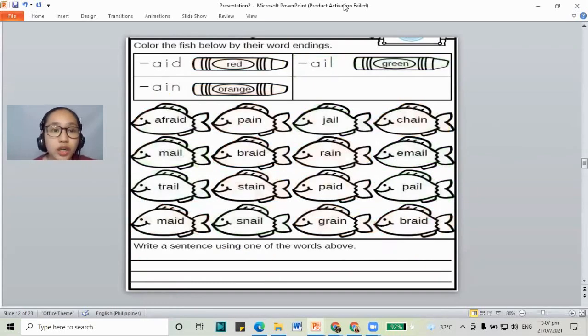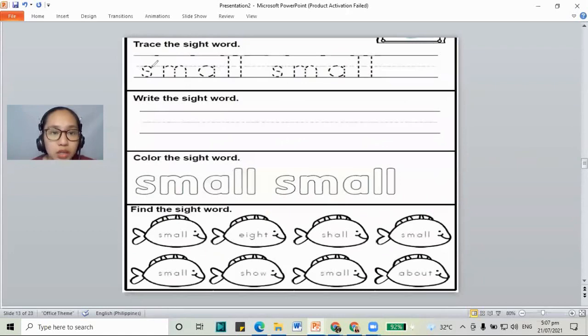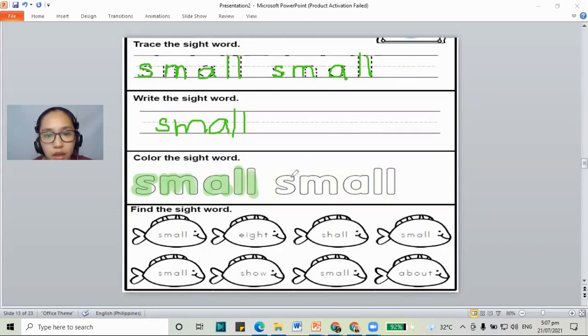We have the word small. Our letters in small, S-M-A-L-L. We have the word small. And let's color the letters. The sight word small, S-M-A-L-L.